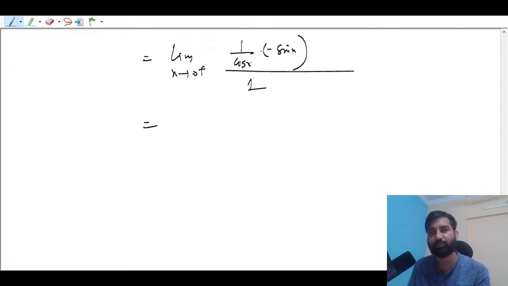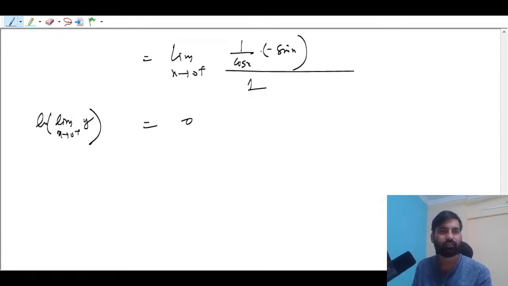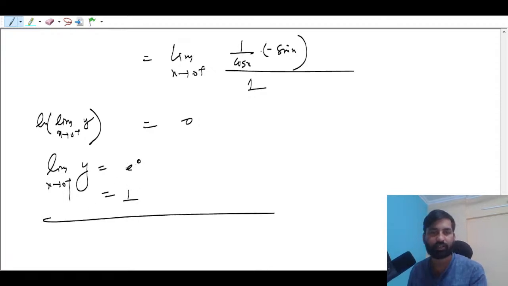So ln y limit is 0, so y limit is e raised to power 0, which is 1. The answer here is also 1.